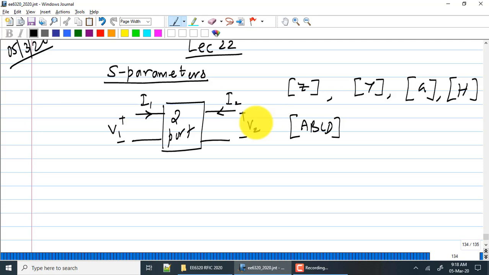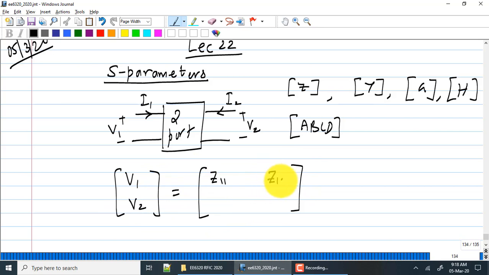Z parameters happen to relate V1 and V2 to I1 and I2. Y parameters happen to relate I1 and I2 to V1 and V2 and so on, right?